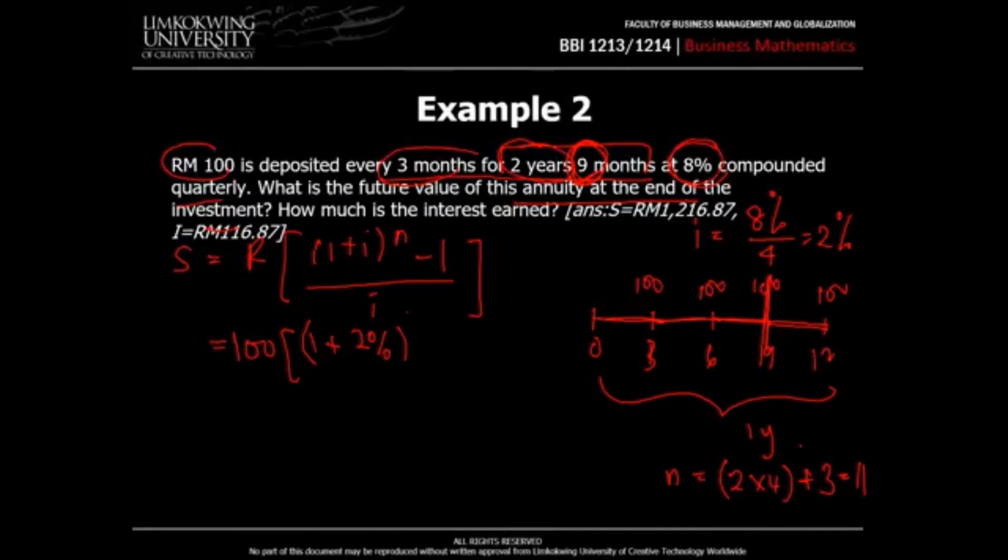What is N just now? 11, minus 1, divided by 2%. Just press the calculator. Then what is the answer? This answer is already given here, which is 1216.87.